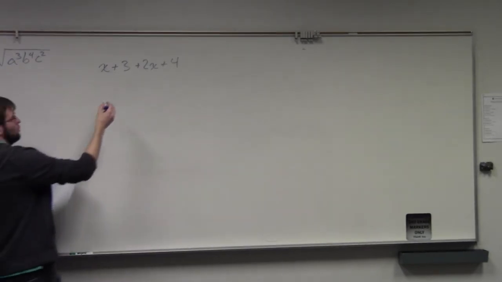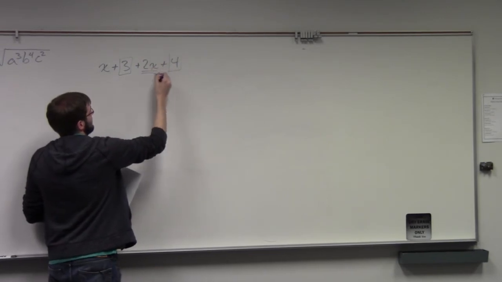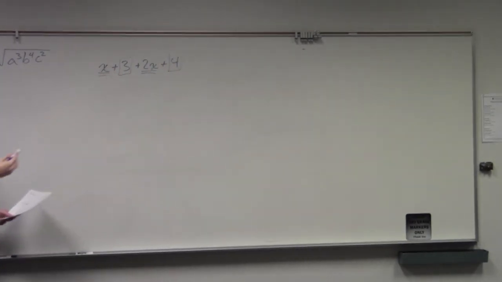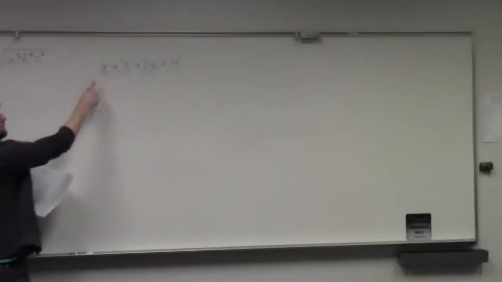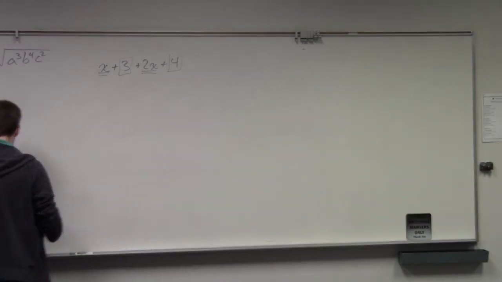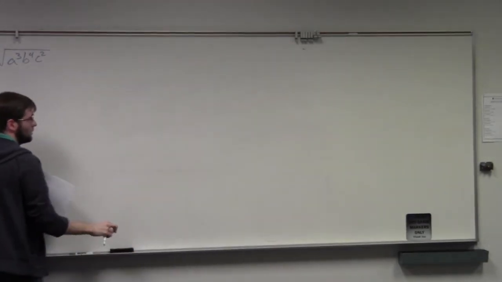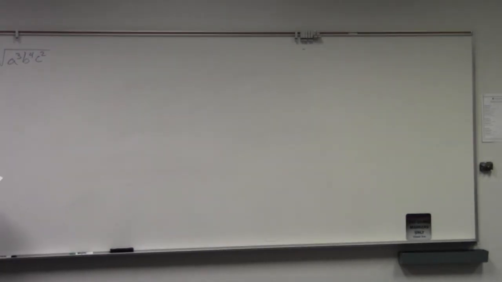I combine the 3 and the 4 because they're just numbers. And I combine the x's because they're both x terms, right? And they're the same term. So I combine these two guys because they're both the same term, and I combine these guys because they're both the same term. When we add and subtract radicals, you want to follow that same idea.